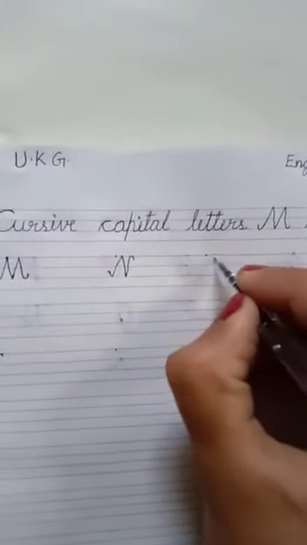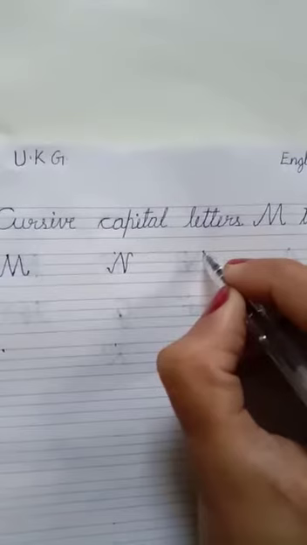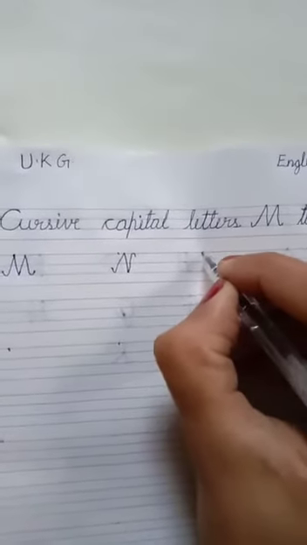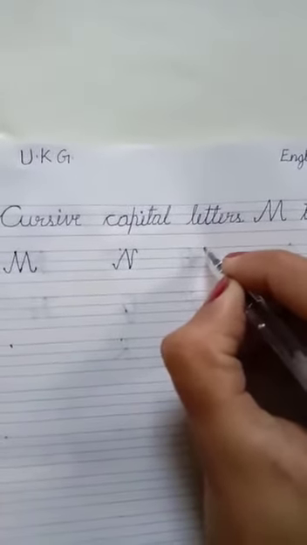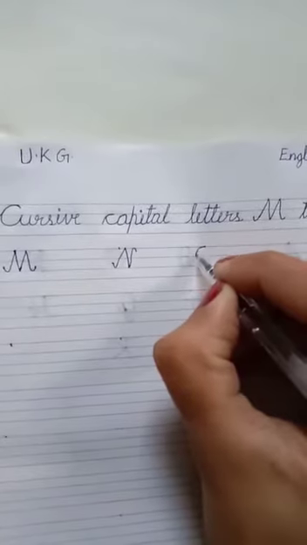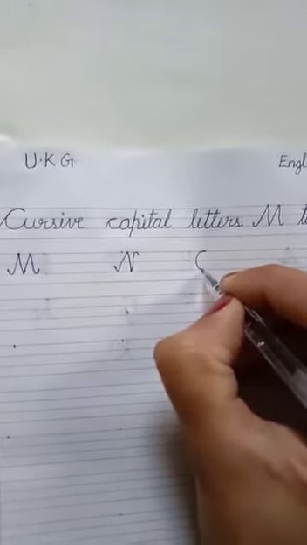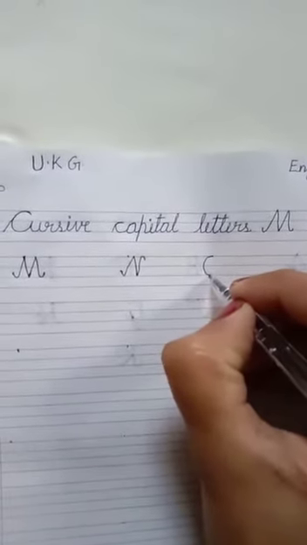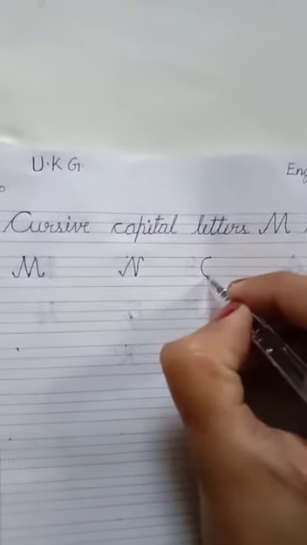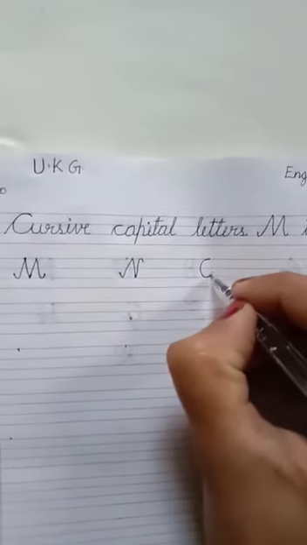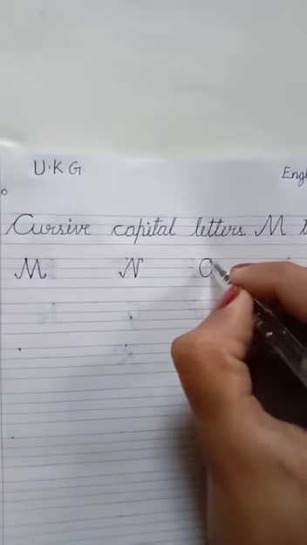Okay, and next is O. Put your pencil on the top line and curving down towards the third line. Okay, then curving back up on the first line.